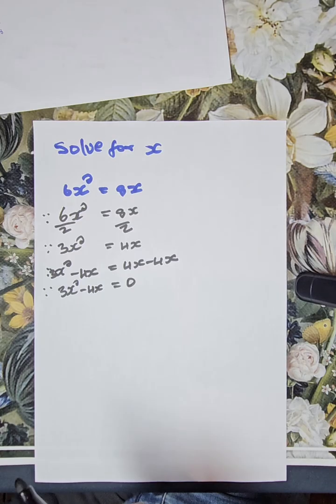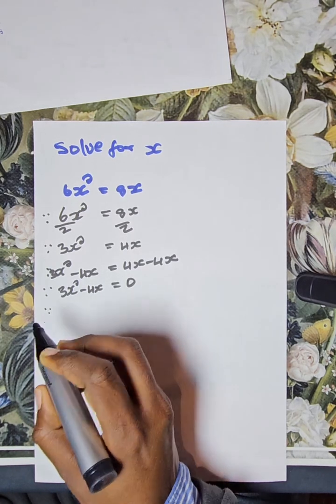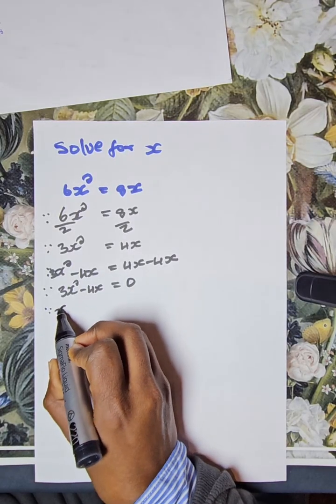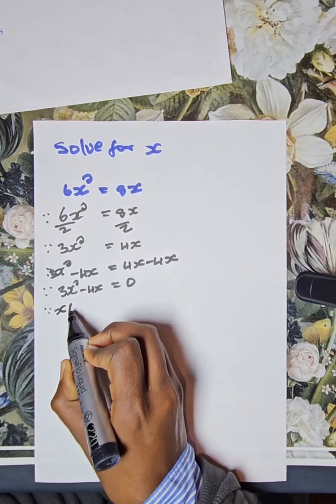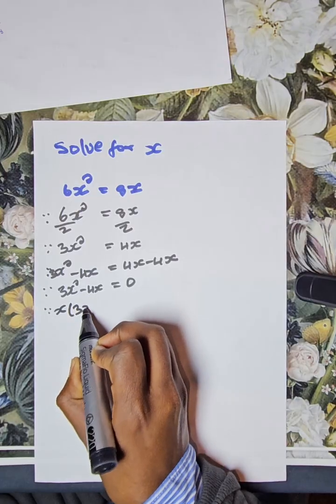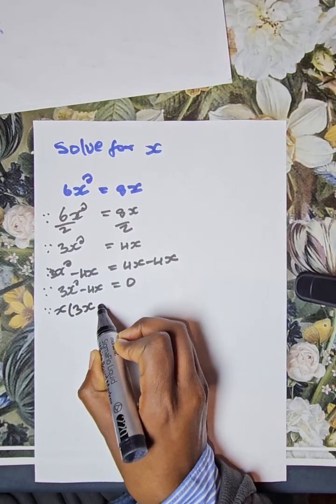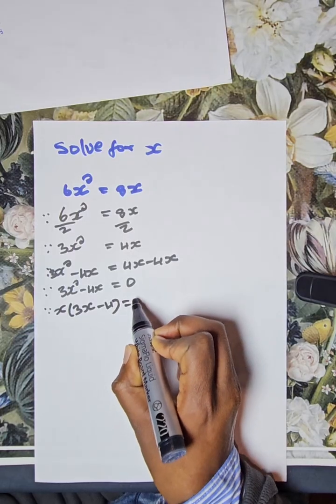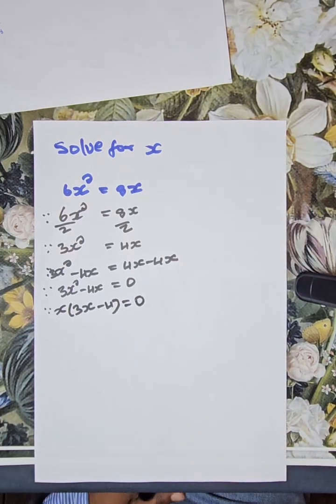And yes, we can take out a common factor. Our highest common factor here is just x. This leaves us x times (3x minus 4) inside the bracket, all equal to 0.